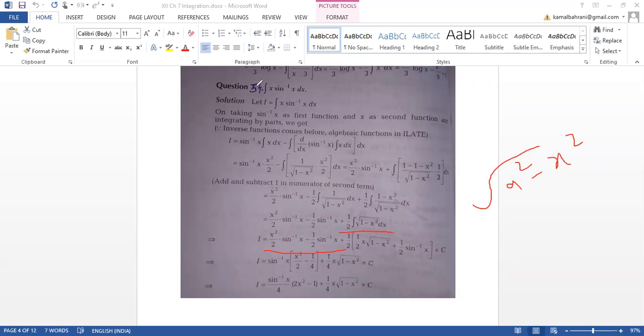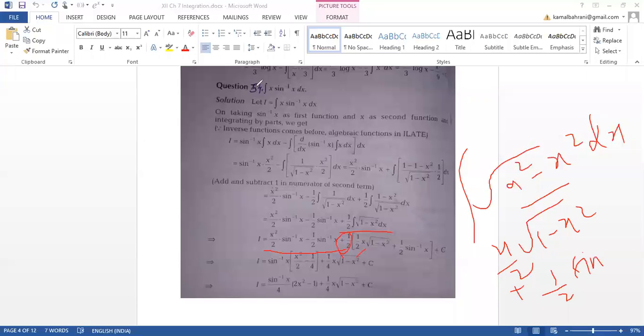Do you know the formula of integration of root over a square minus x square dx, which is equal to what? x by 2 under root of a square minus x square, that is 1 minus x square, plus half of sine inverse x upon a. Here a is what? 1 only. Instead of a we are having 1, so sine inverse x upon a will be x upon 1, so it will be x.